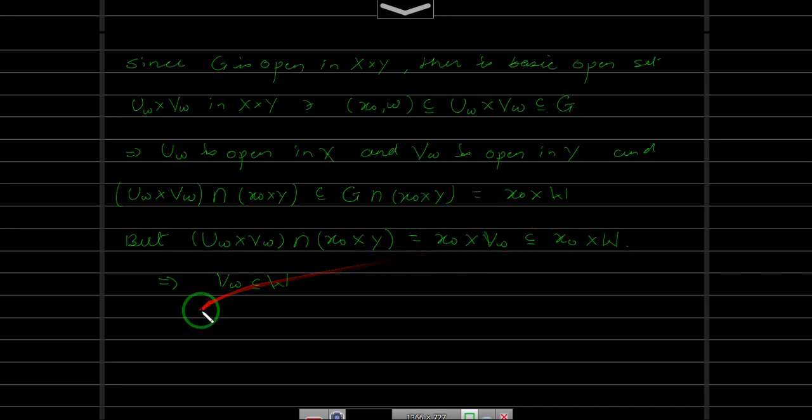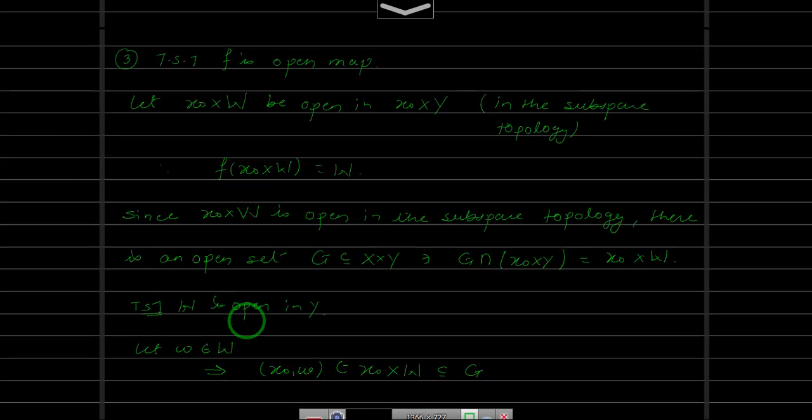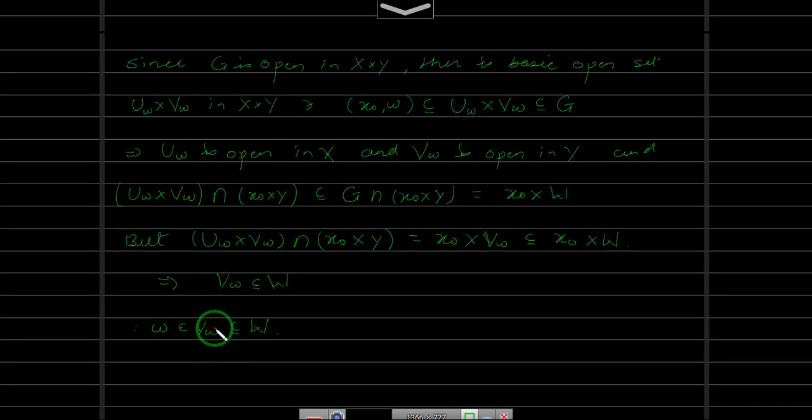Alright, and also we know that this w belongs to V_W, and V_W is contained inside W. What we started with is we took a point in W and we got some open set V_W in Y, such that w belongs to V_W, which is contained in W. What does this mean?